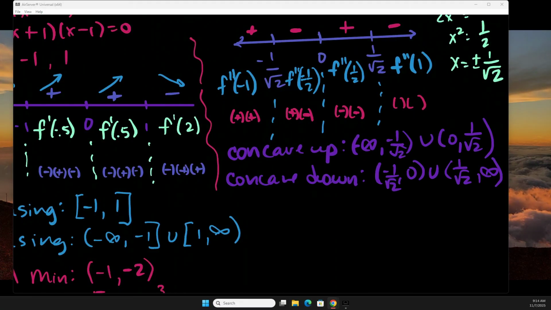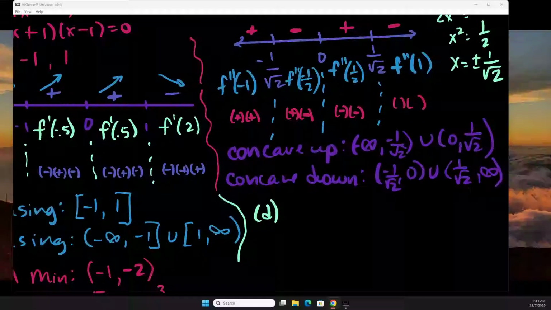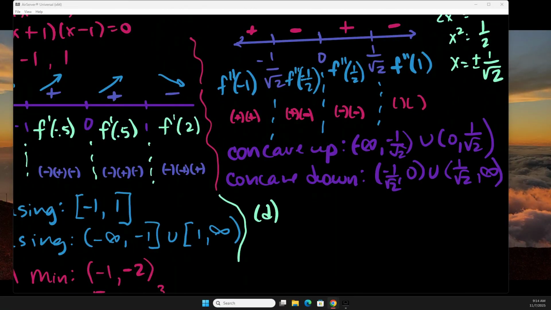Right, and then on D, we want to find the points of inflection. And just to save on time, and you guys can do this too, I don't really want to raise 1 over square root of 2 to the 5th. I just don't want to do it. So I'm just going to tell you, I did it in the calculator. So we will have points of inflection where the concavity changes.